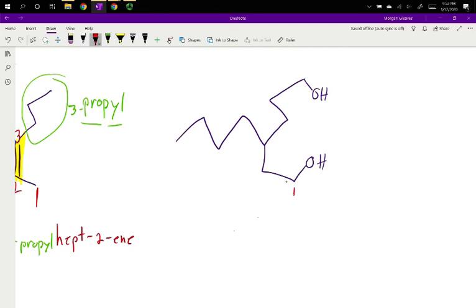We could call this carbon 1, 2, 3, 4, 5, 6, or I could have gone 1, 2, 3, 4, 5, and 6. Either way, our alcohols are attached to carbon 1 and carbon 6. So one of them gets as low as can be, and the other just goes where it has to go. We have to count in order of numbers, and so 6 is where the other will be.